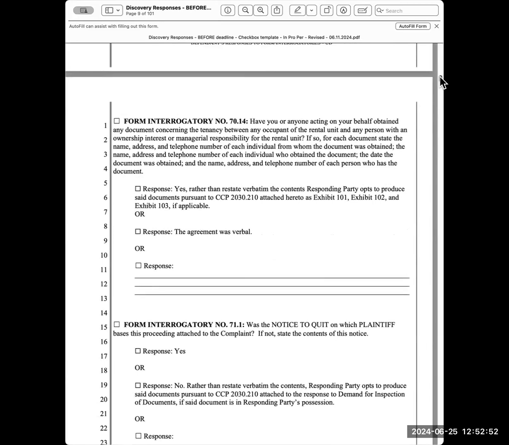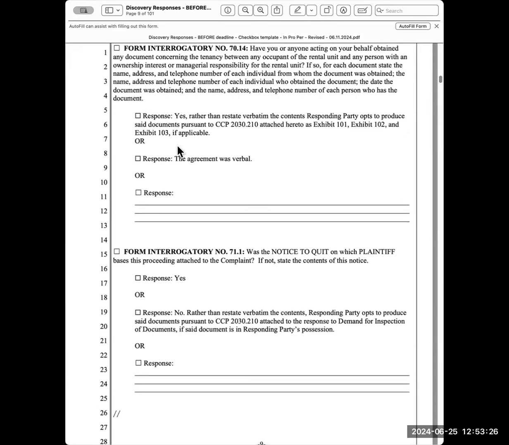14. Have you or anyone acting on your behalf obtained any document concerning the tenancy between any occupant of the rental unit and any person with an ownership interest or managerial responsibility for the rental unit? If so, for each document, state the name, address, and telephone number of each individual from whom the document was obtained, the name, address, and telephone number of each individual who obtained the document, the date the document was obtained, and the name, address, and telephone number of each person who has the document.